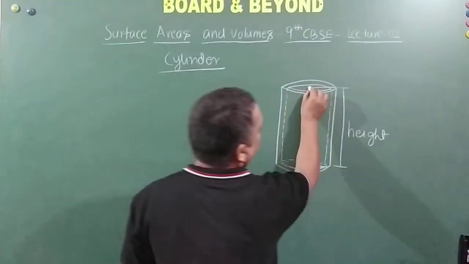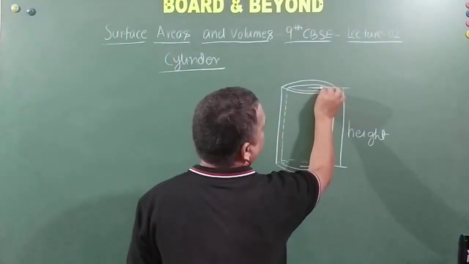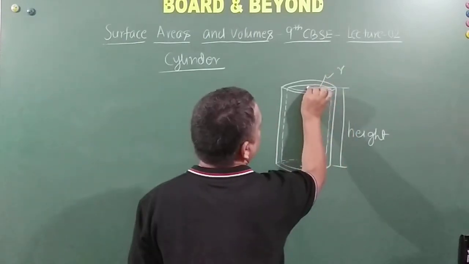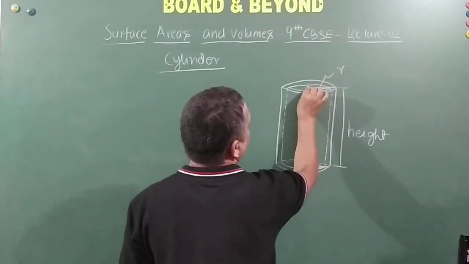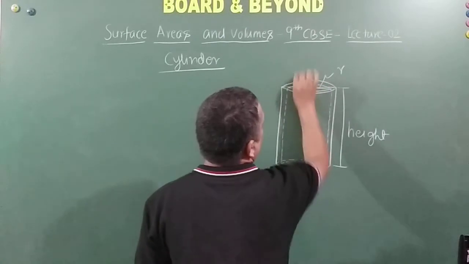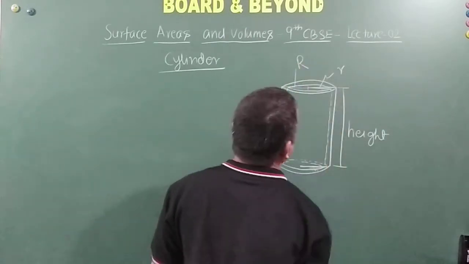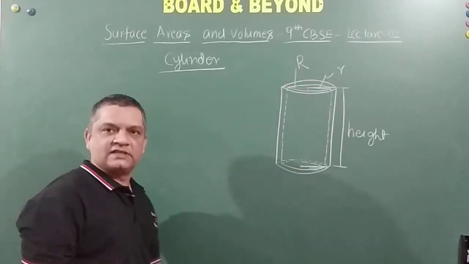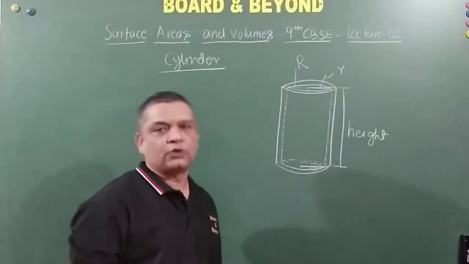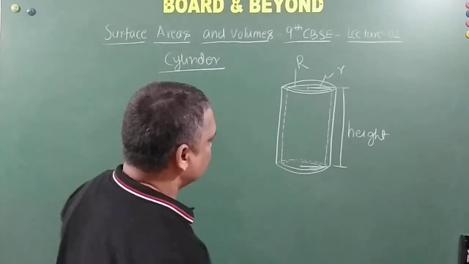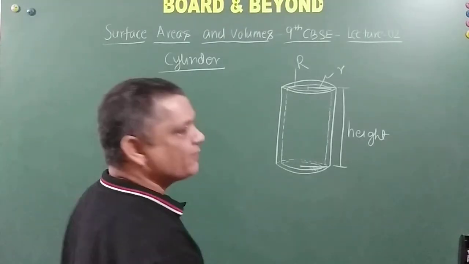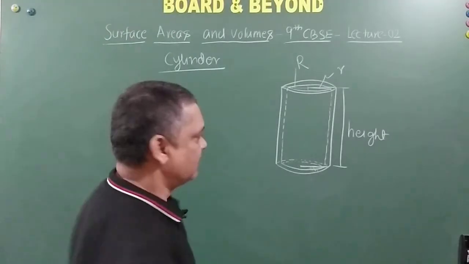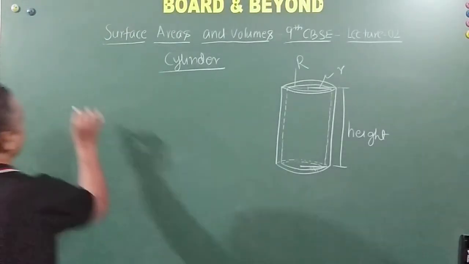So let us say the radius of one we will denote by small r, and the bigger radius we will denote by capital R, right? Height remains the same for both the cylinders. We'll consider two cylinders here, right? So now let us say we want to find out the volume of this cylinder, right? So volume will be how much?